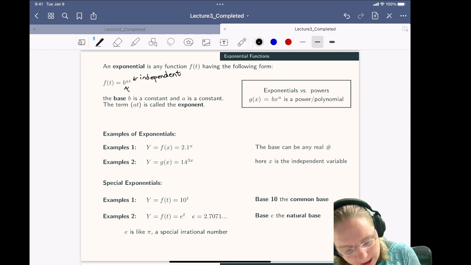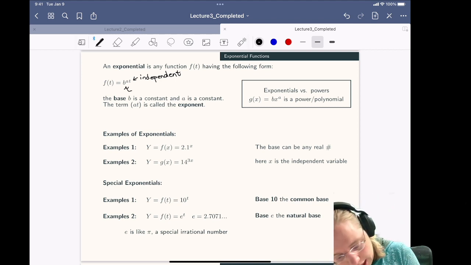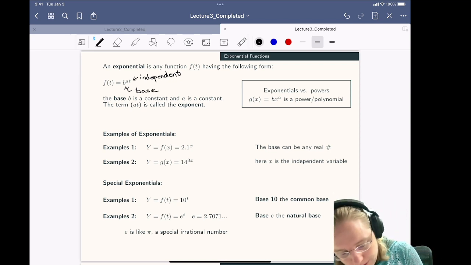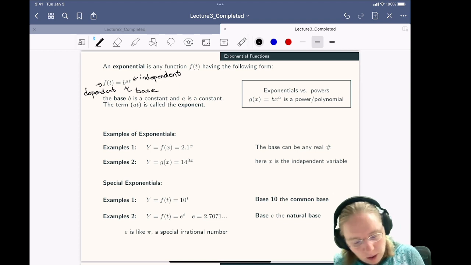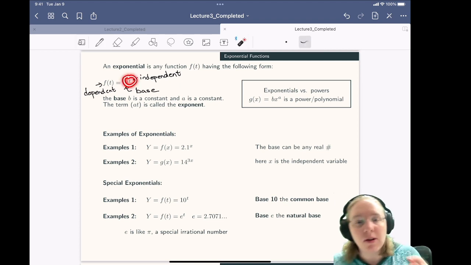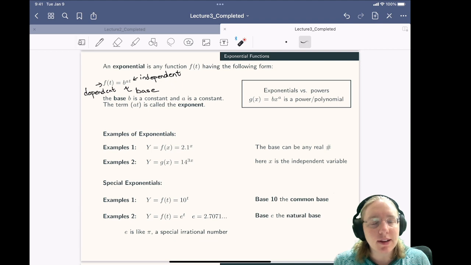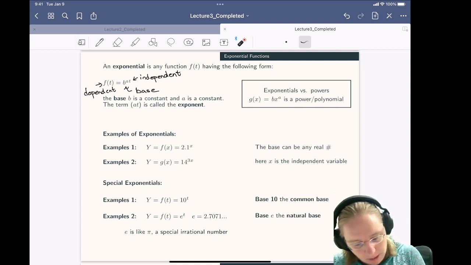The quantity b here is a constant, and it is known as the base of that exponential. f of t is the dependent variable. And the whole quantity at, the whole thing that b, the base, is raised to, is known as the exponent.